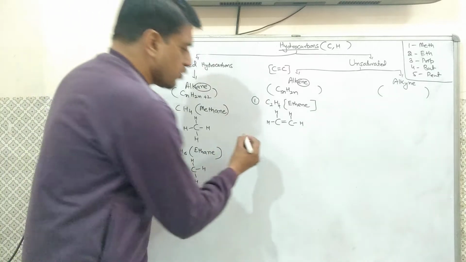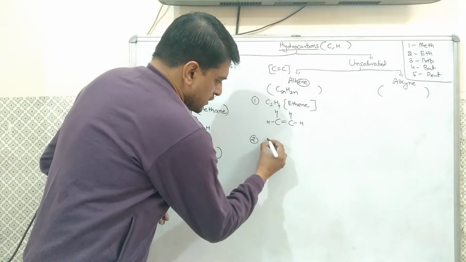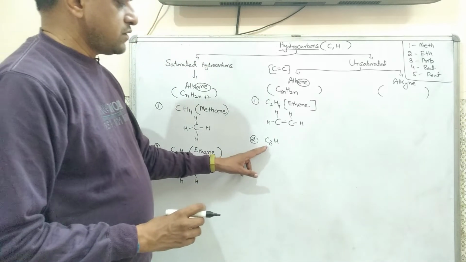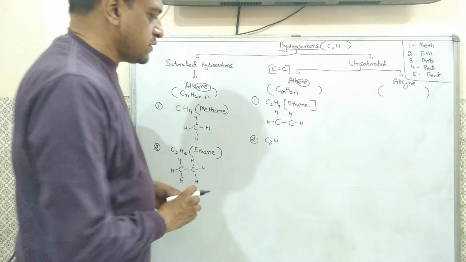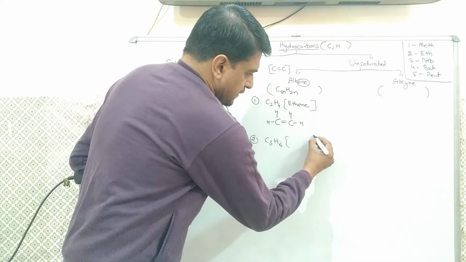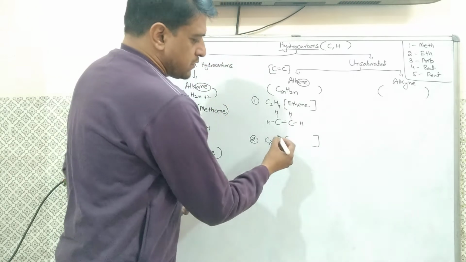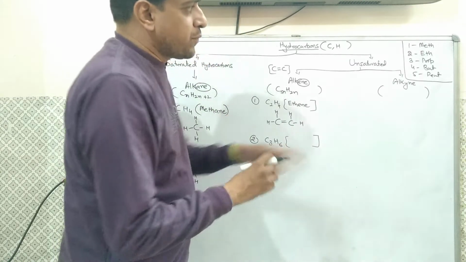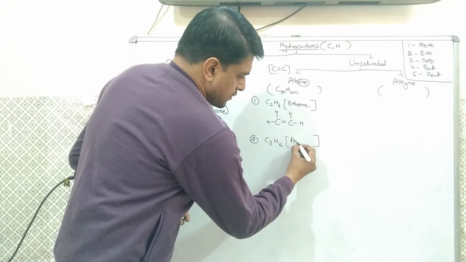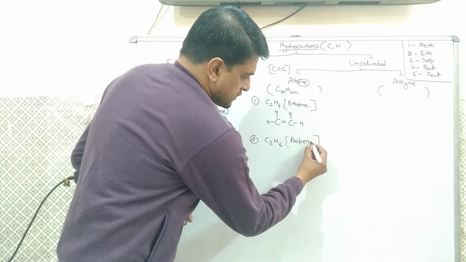Similarly, you can draw the structure of a 3 carbon compound. This is 3 carbon, so hydrogen must be double, that is C3H6, and the name should start with prop, and the suffix is ene.